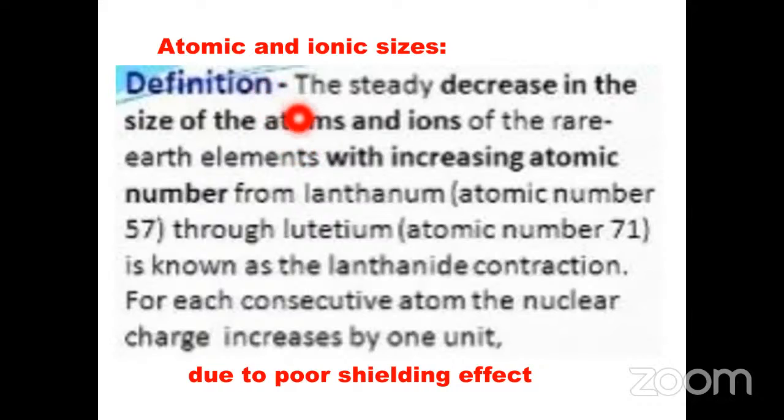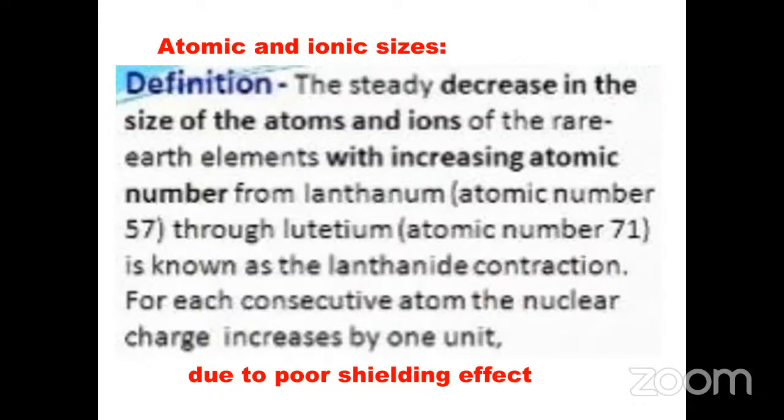In the lanthanides also, the decrease in the size of atoms and ions of these 4f elements with increasing atomic number from lanthanum to lutetium is known as lanthanide contraction. It is due to the poor shielding effect.